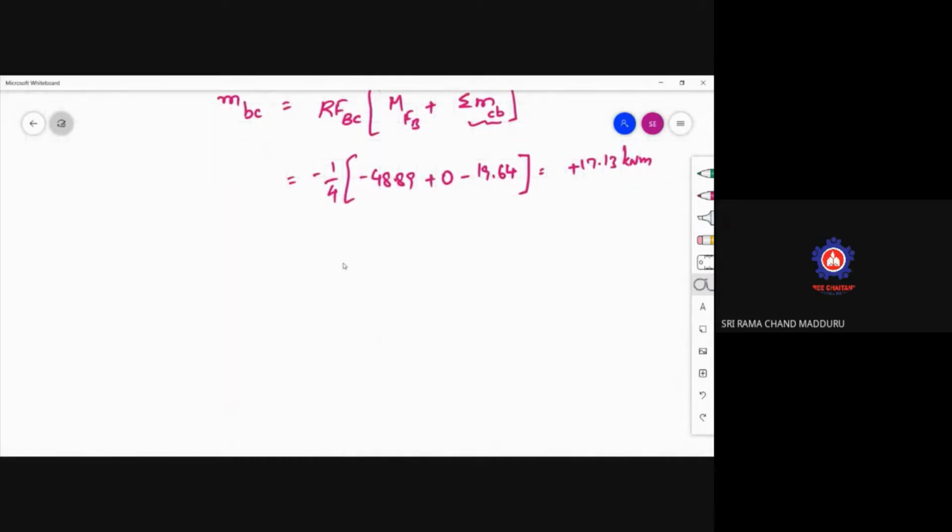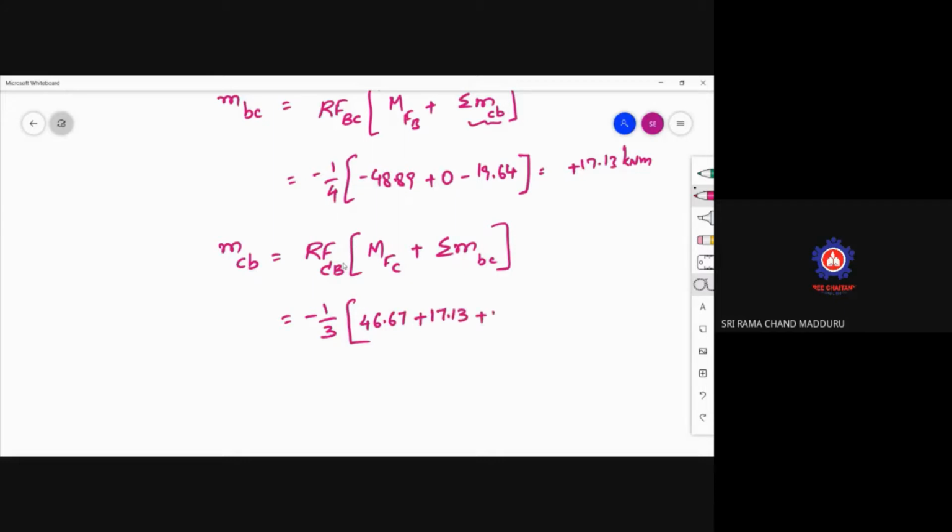So this is MCB equal to RFCB into MFC plus sigma MBC, minus 1 by 3 into MFC. MFC just now we have written, which is 46.67 plus 17.13 plus 0. What is the value?